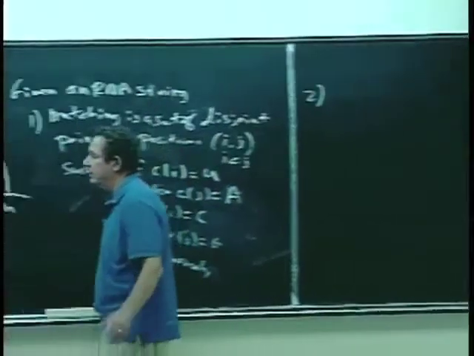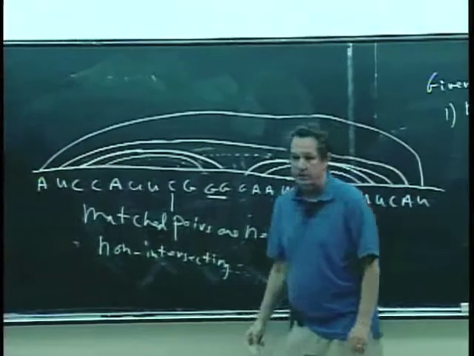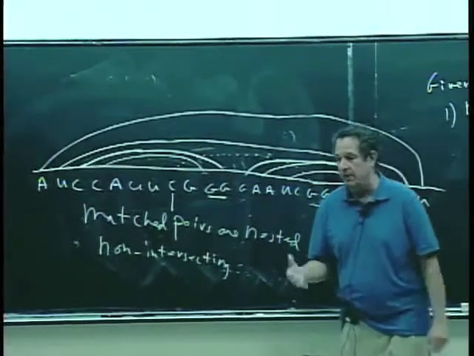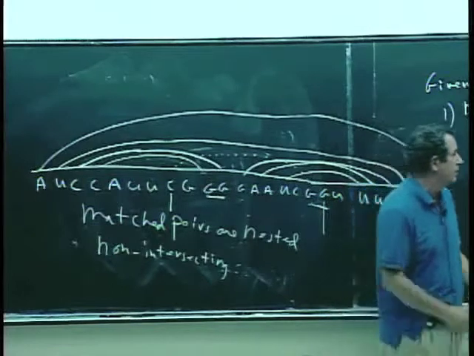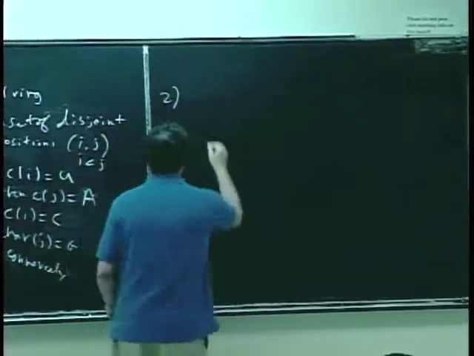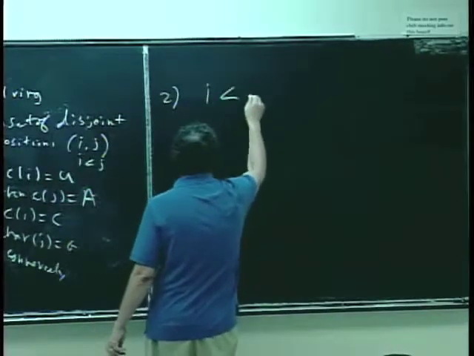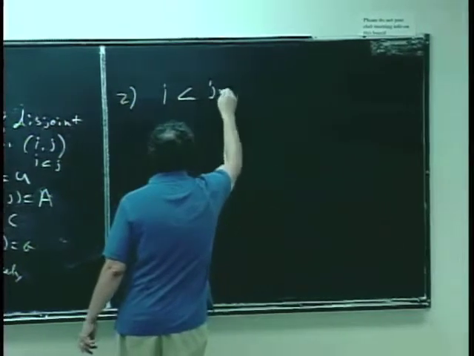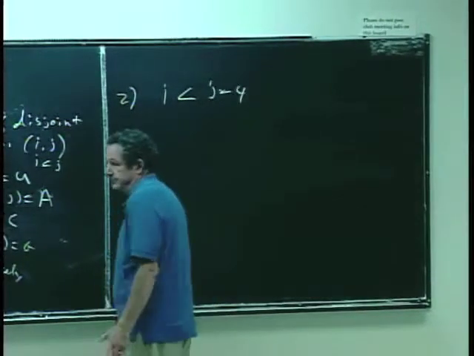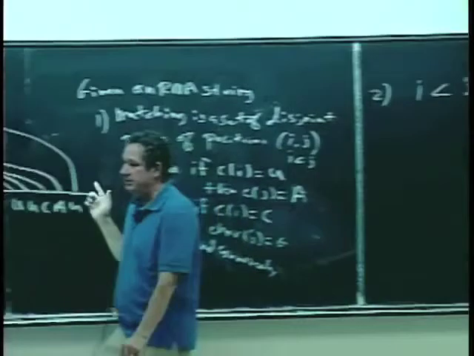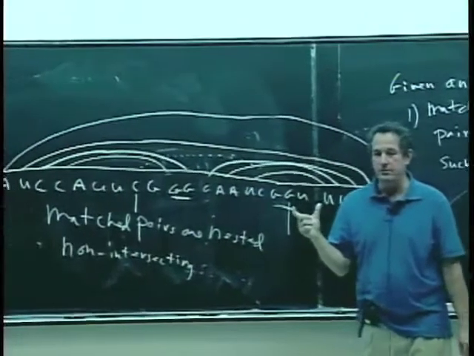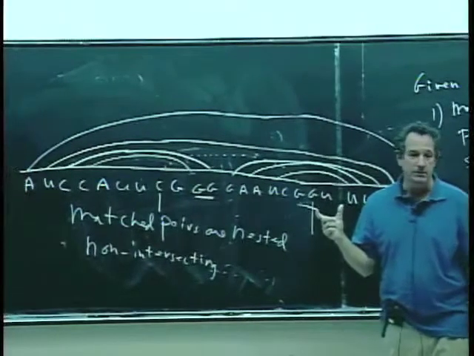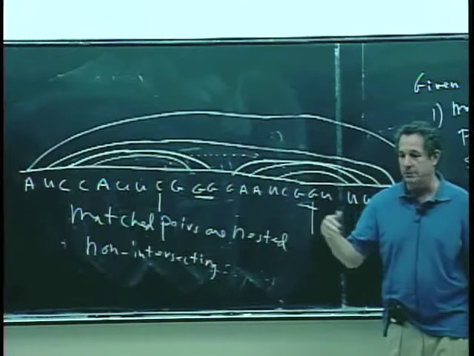A second condition, I wouldn't have put it in here, but the book does. It's realistic biologically, but algorithmically it's just annoying. I has got to be less than J minus 4. All that means is you can't match with a character that's too close to you. You have to have at least 4 characters between you.